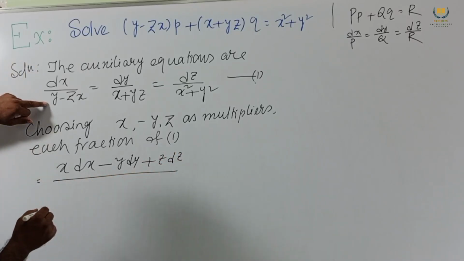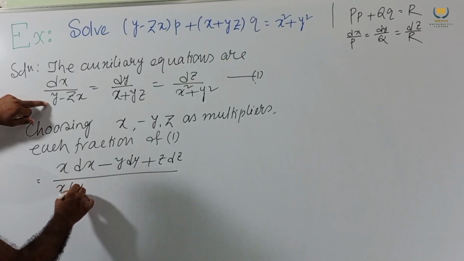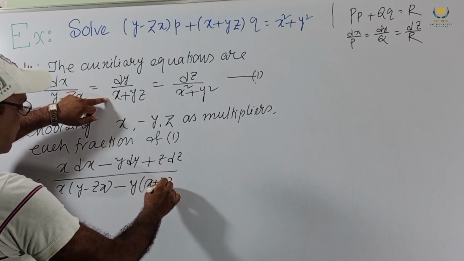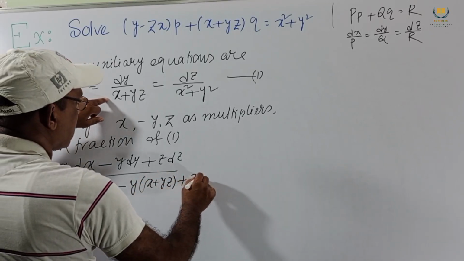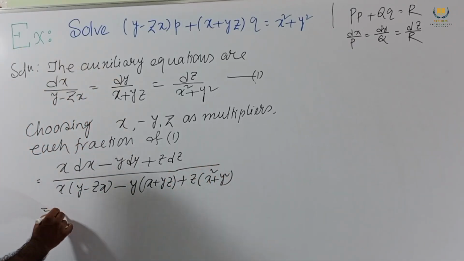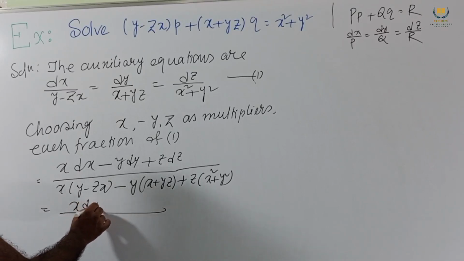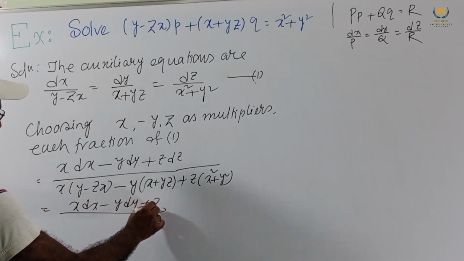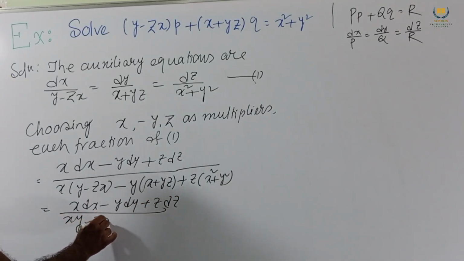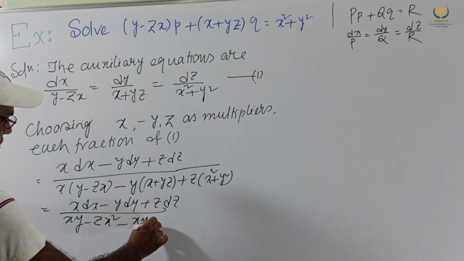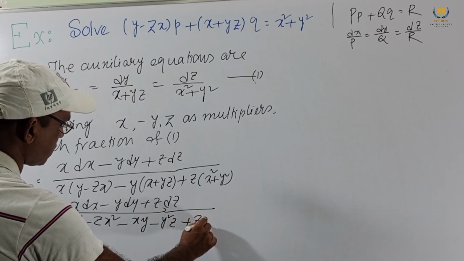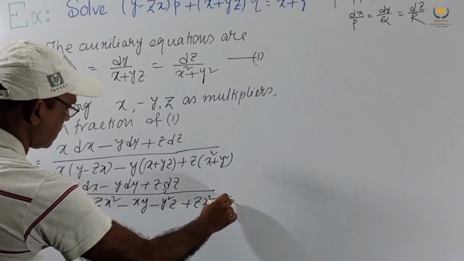divided by x(y - zx) - y(x + yz) + z(x² + y²). So this implies x dx - y dy + z dz by xy - zx² - xy - y²z + zx² + y²z.